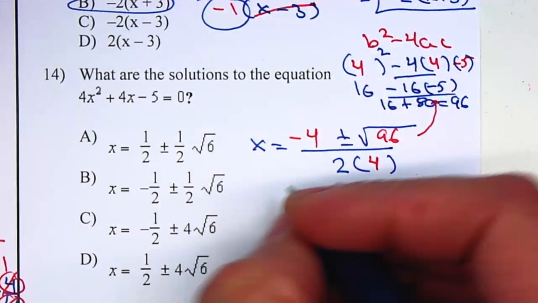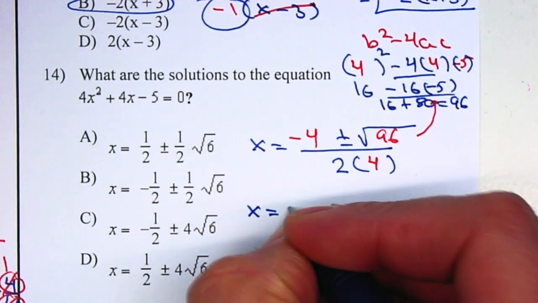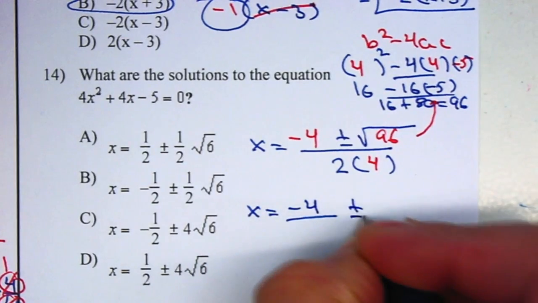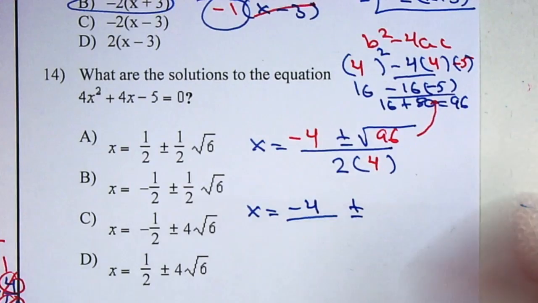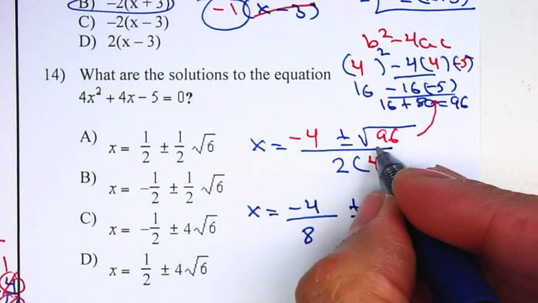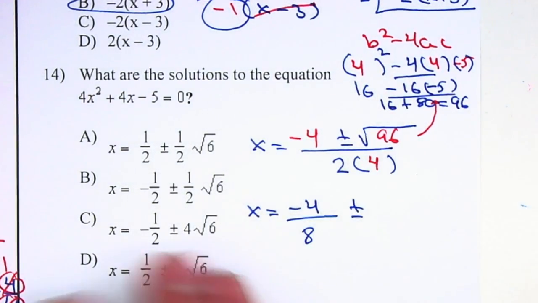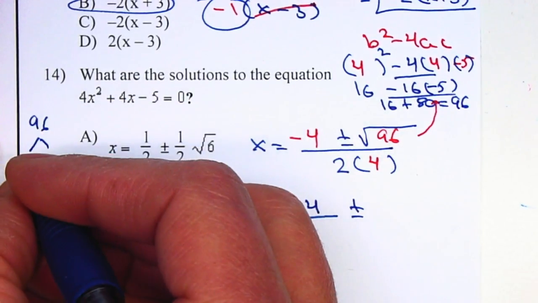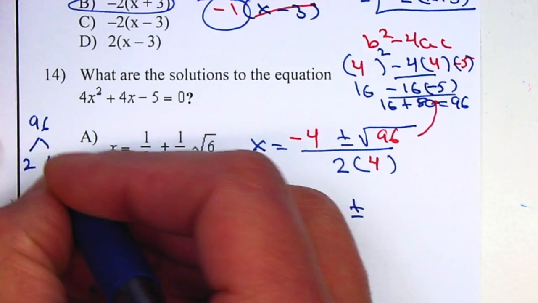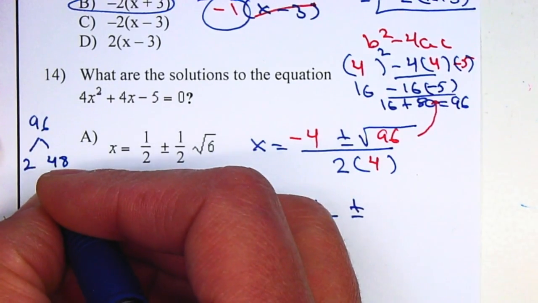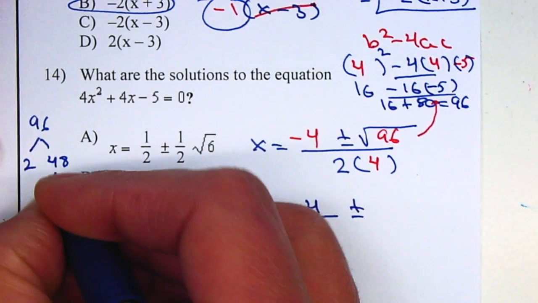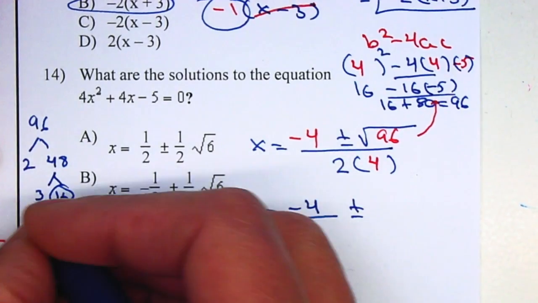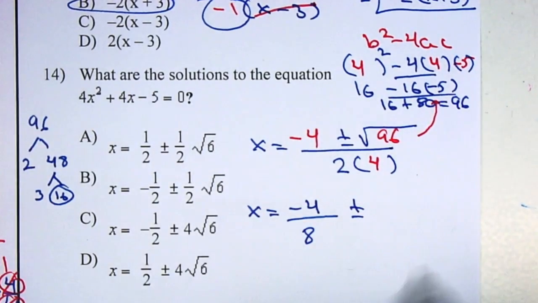Let's go and simplify that. x is equal to negative 4. I'm not going to break my fraction apart, divide by 8. The square root of 96, I can do the factor tree. 96 will be, its evens, 2 times 48. 48 will be 3 times 16. I know that the square root of 16 is 4.